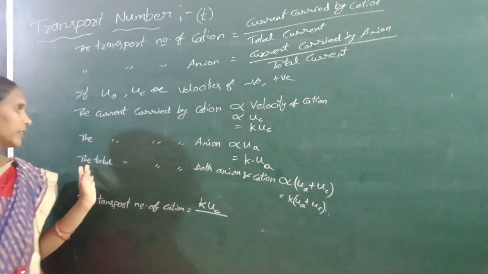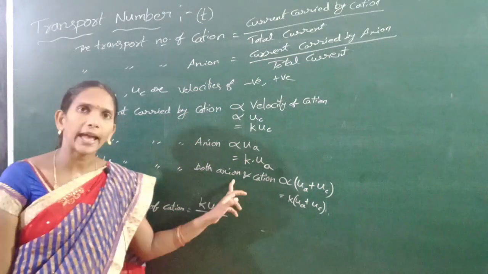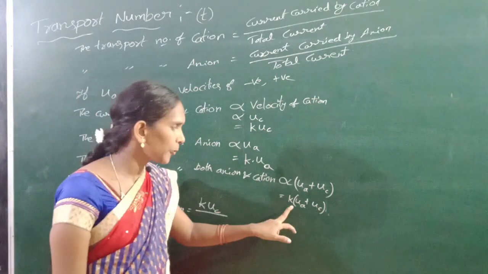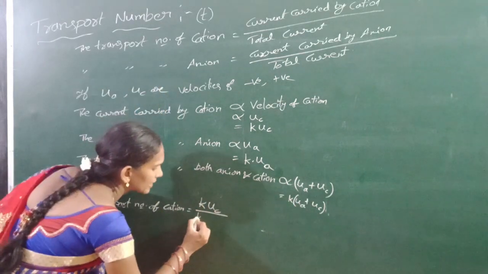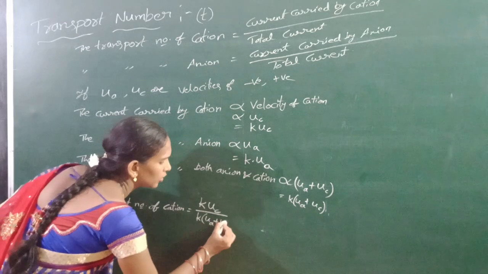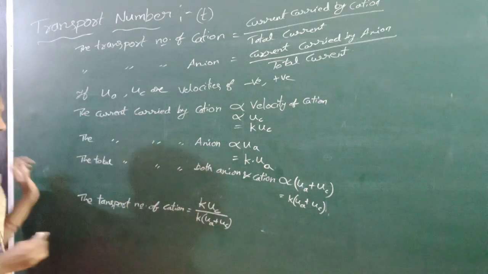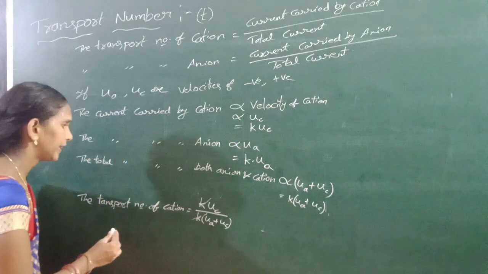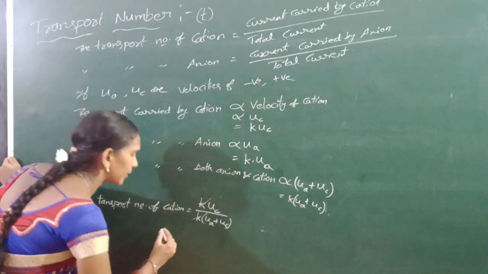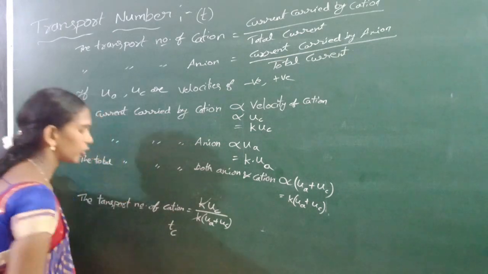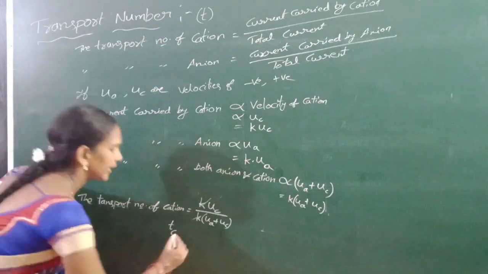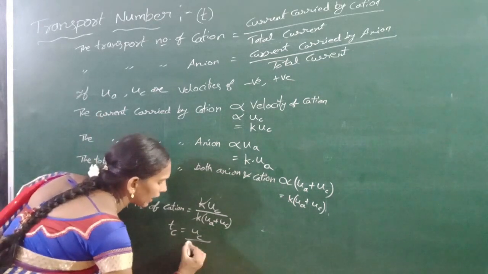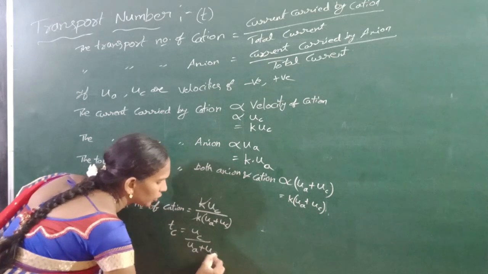The total current carried by both anion and cation is K into UA plus UC. K cancelled. Then the transport number of cation, Tc, is equal to UC by UA plus UC.